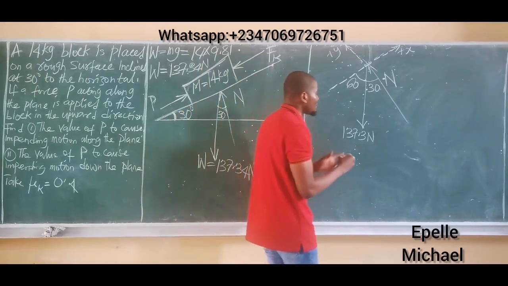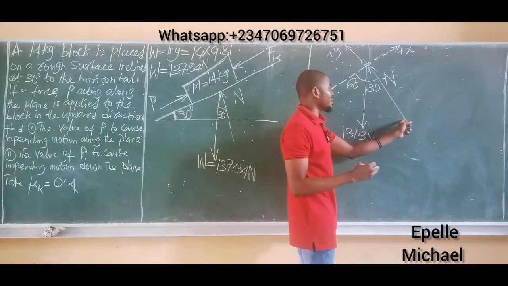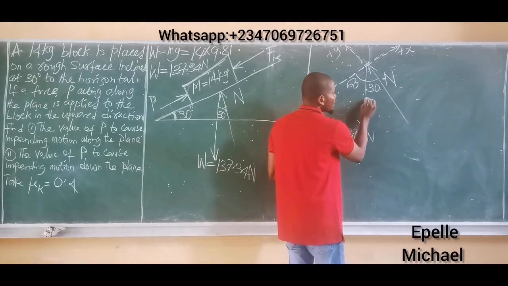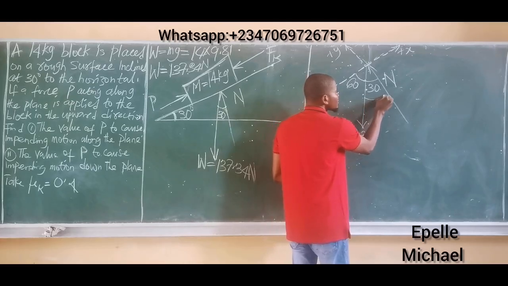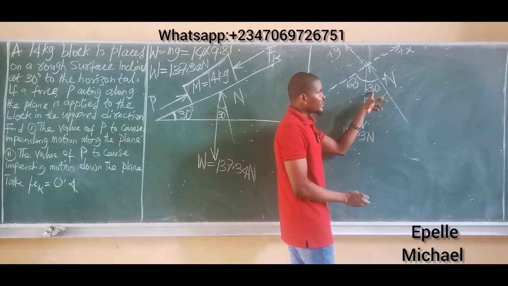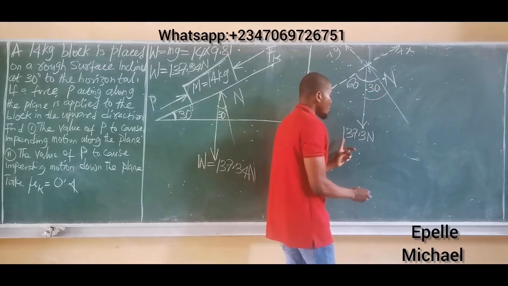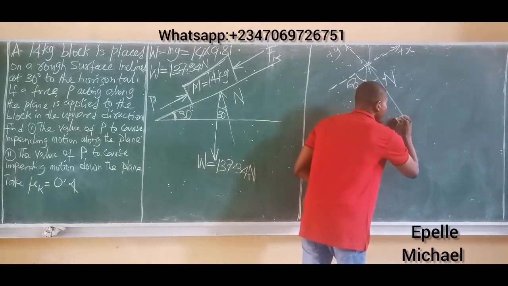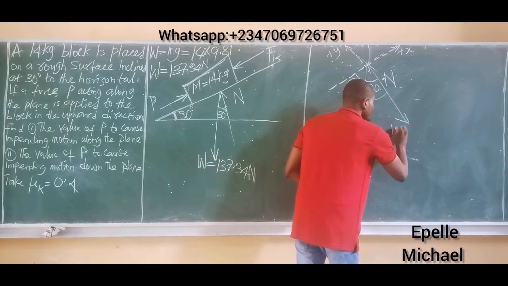So to resolve this force to the vertical incline, I hold the tip of the arrow and pull it to meet this line. Observe that the weight moves all the way from here down to this point, covering this angle of 30 degrees. Since it passes through 30, we multiply the weight by the cosine of that angle.